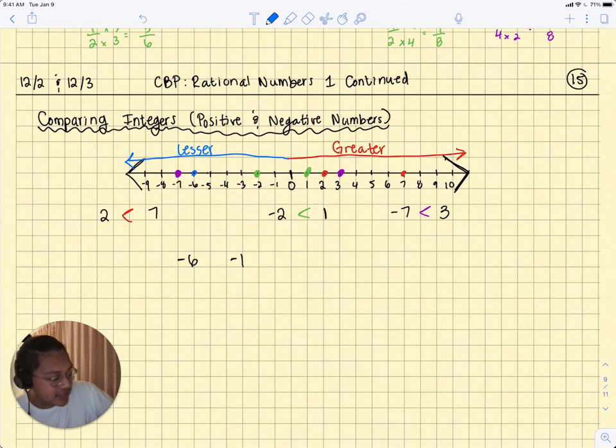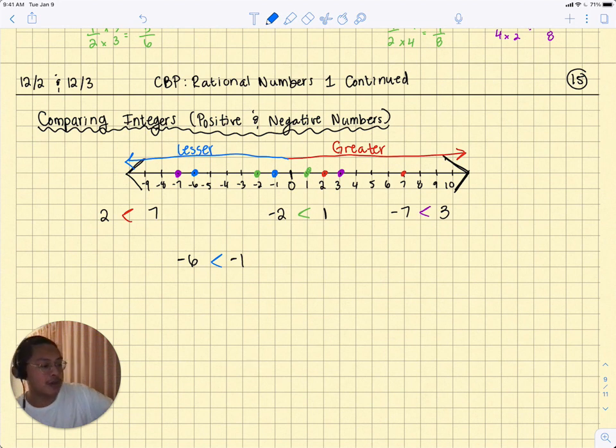Here's -6. And there's -1. Remember, the further you are to the left of 0, the smaller your value is. Sure, the number looks bigger, but that is actually not the case. So in this case, between -6 and -1, I can say that -1 is greater than -6.